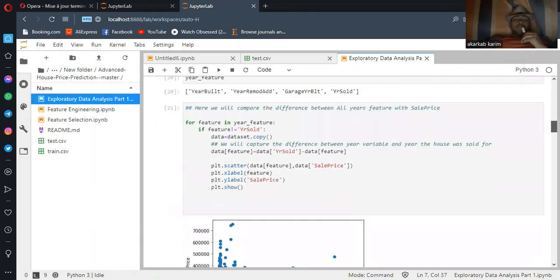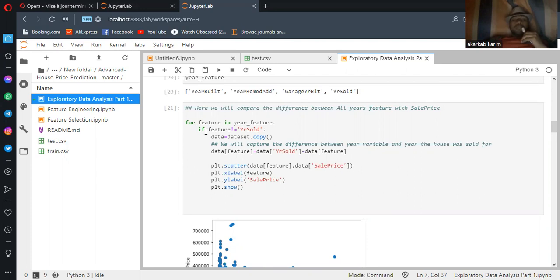If we continue, here we compare the difference between all the year features and the sales price. For each feature, I use this loop.